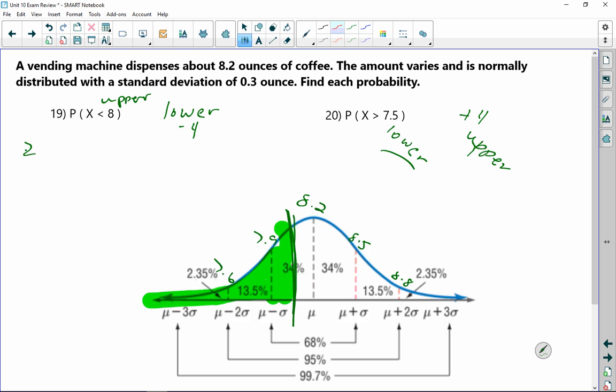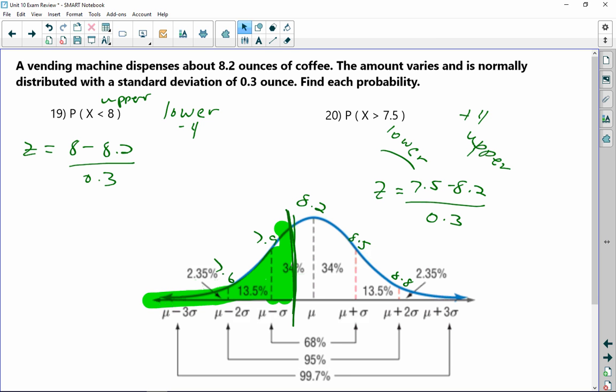Okay, so now I got to figure my z values. 8 minus over 0.3. Over here, I've got to find my upper z value. What is it? 8 minus 8.2? That's my mean, isn't it? Yes. -0.66. Okay, what's my next step?